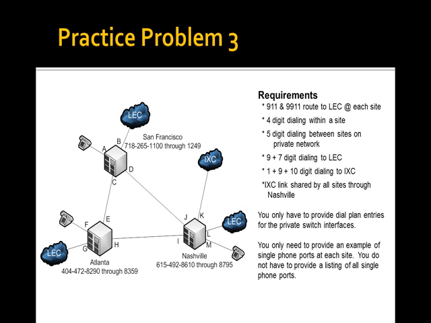You've got to be consistent across all your sites. But if I'm saying 8 followed by 4 digits, I'm okay, as long as my extensions don't begin with 8. In this case, have I got a problem? Yeah, I've got extensions that begin with 8. So I'm going to change this to something else. I could use 5, for example. Okay, and let me look at my list of extensions over there. I could use 6 for Nashville.